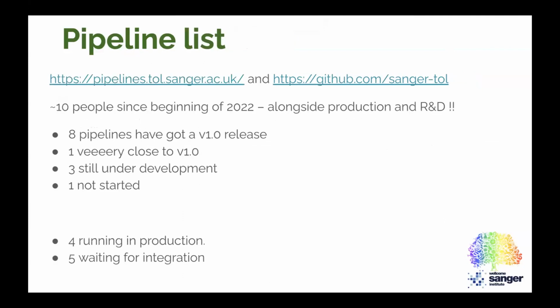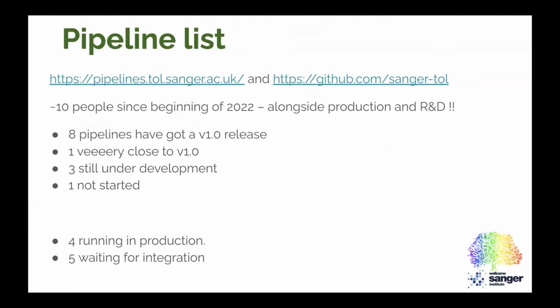Right. So as I said, we've got some pipelines that have a version 1.0 release, and some are still in development. Importantly, half of them are already running in production, and we've got another half that's just waiting for integration at this stage.